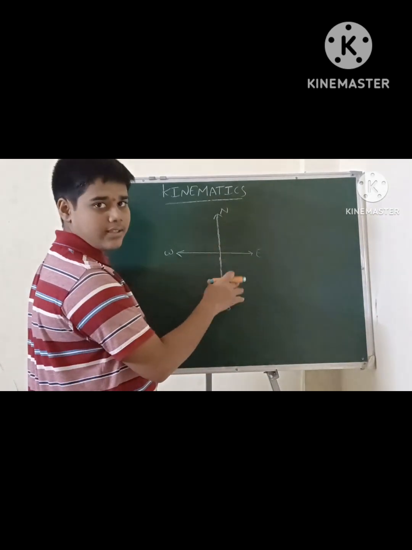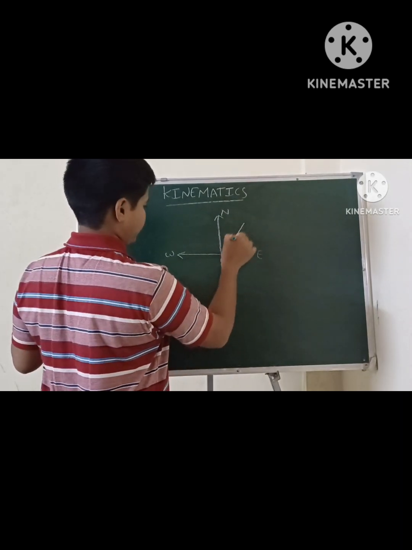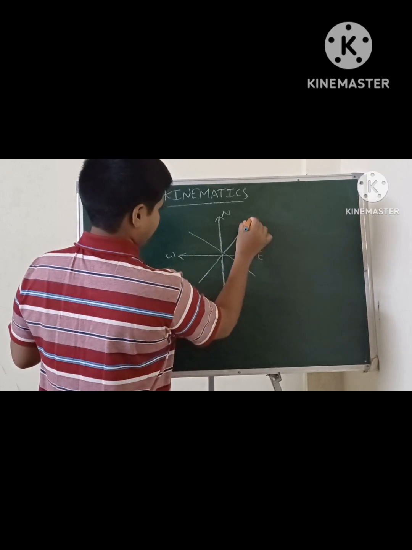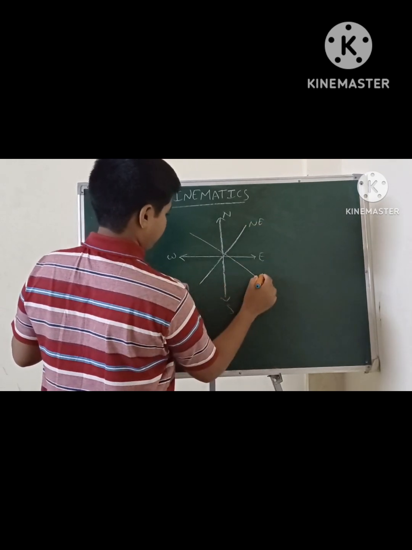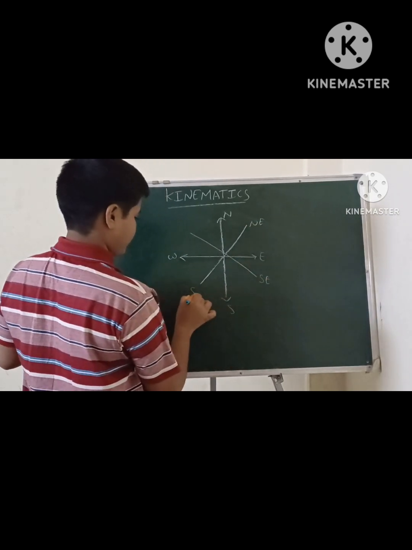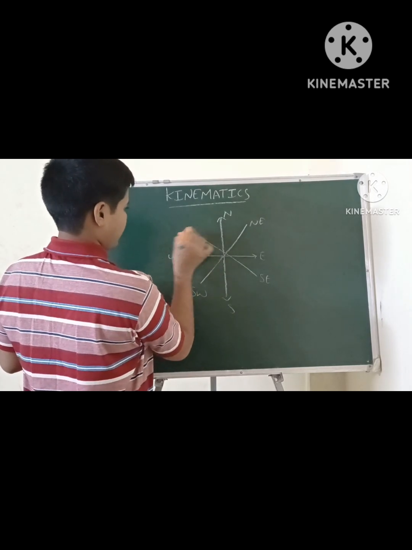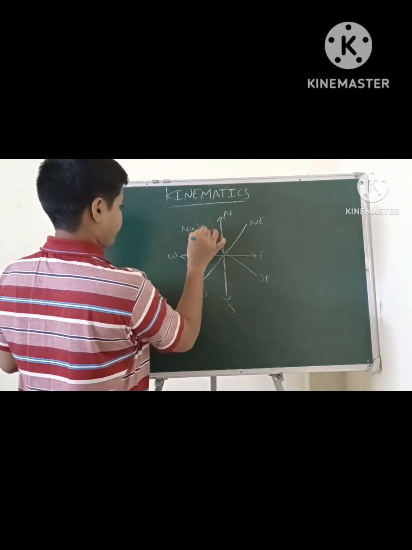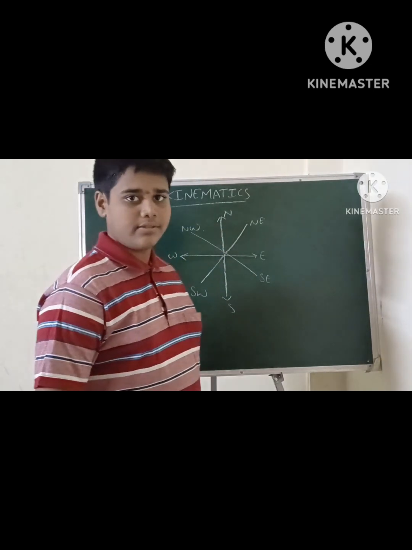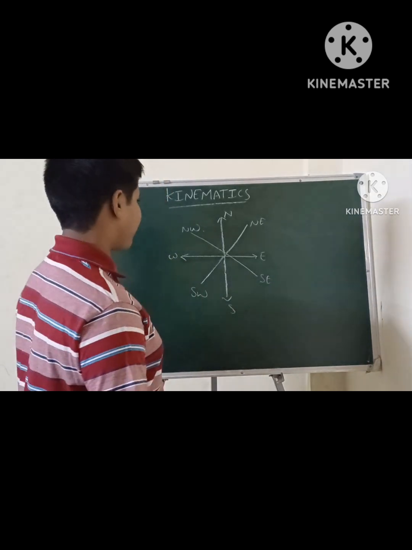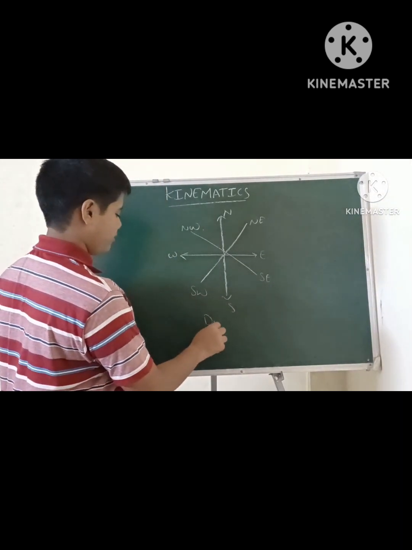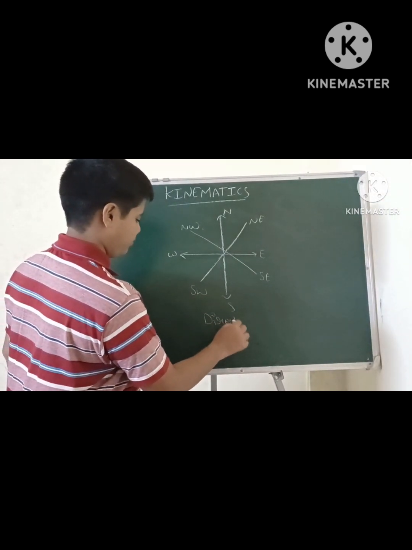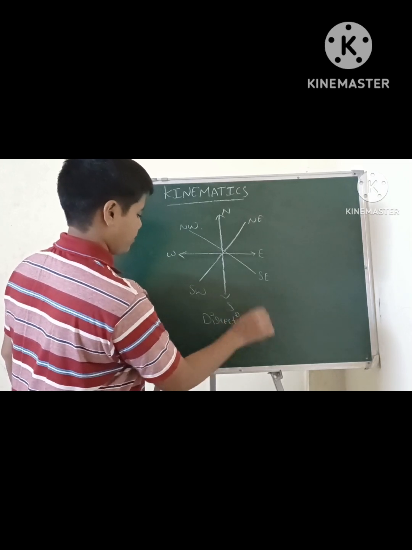Okay? So these are cardinal directions, and intermediate directions are northeast, southeast, southwest and northwest. Okay? So these are the directions. First we have to know about the directions.